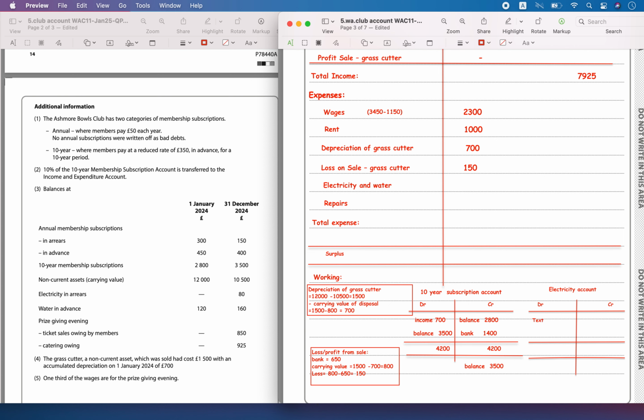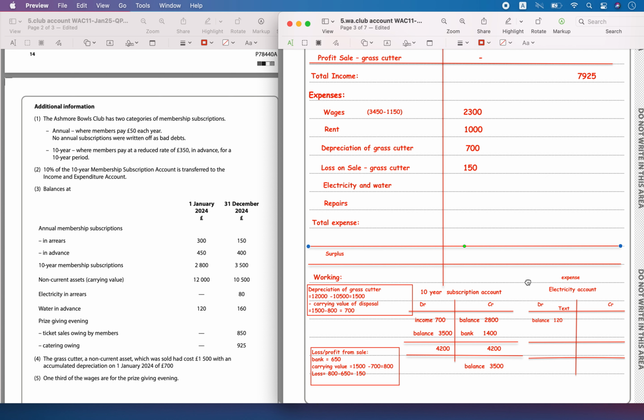So the balance was 120. Okay, anything paid for, this is an expense account.